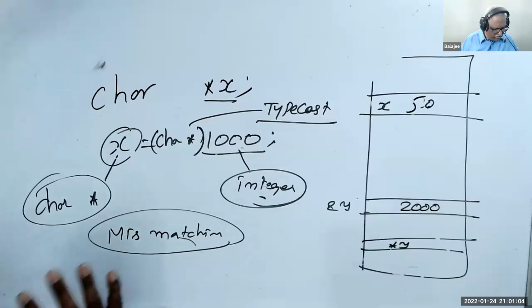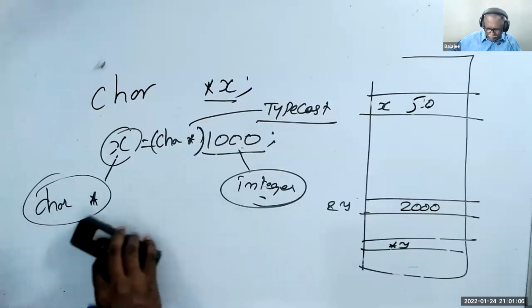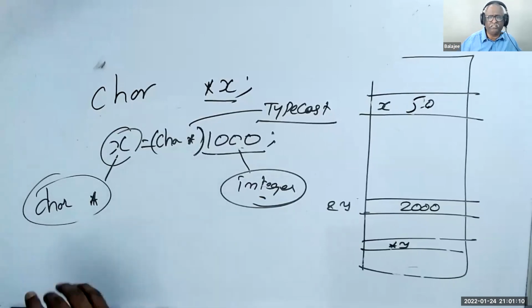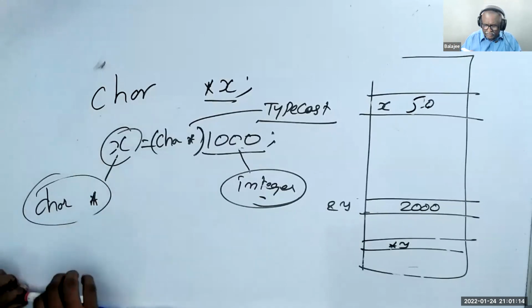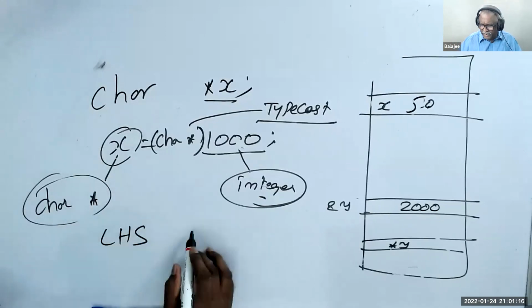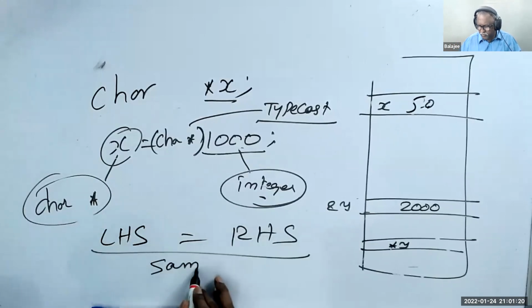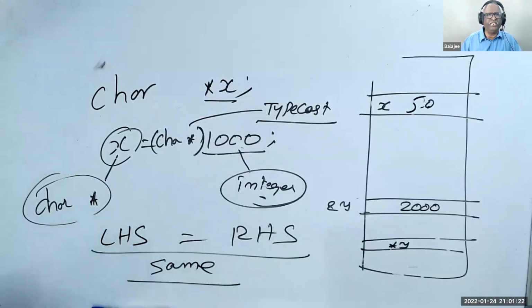These are all stringent C conditions you should remember nowadays. When we were doing it, nothing was like this. But nowadays, you need a typecast. That means your left-hand side and right-hand side should be the same.